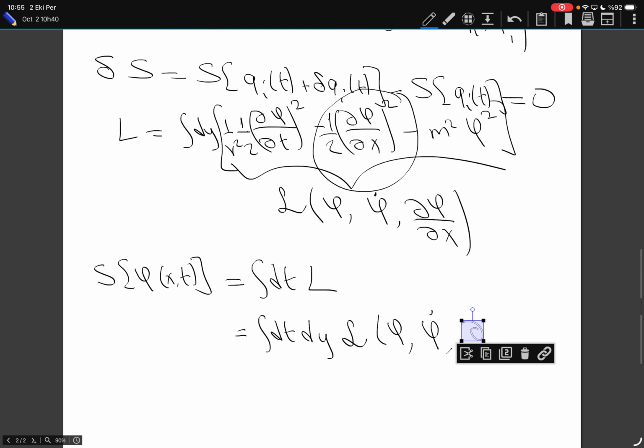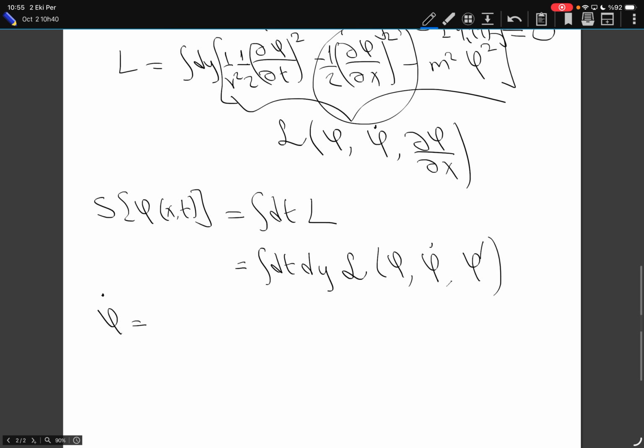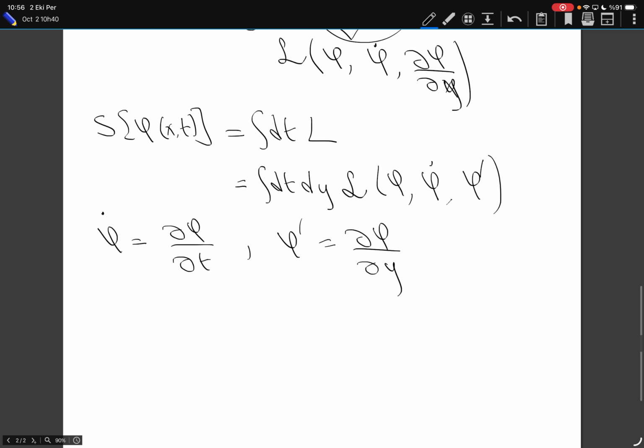Let me use this notation: phi dot is del phi by del t, and phi prime is del phi by del y. And we will basically do the same thing.